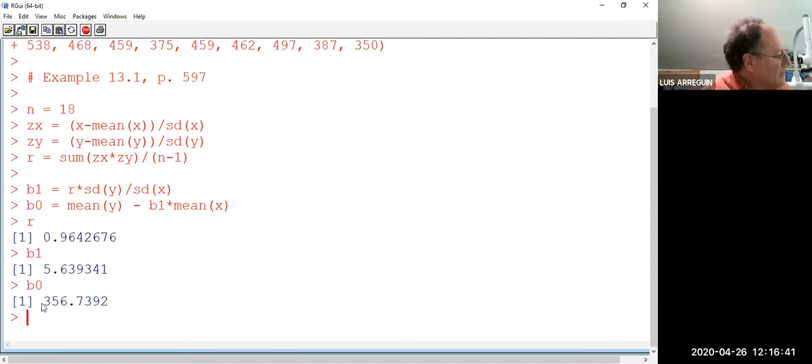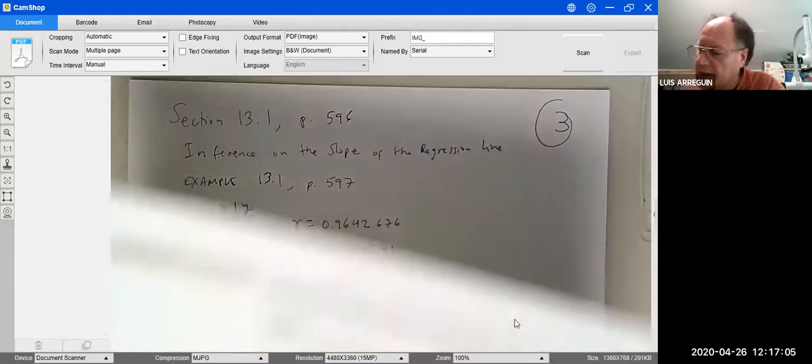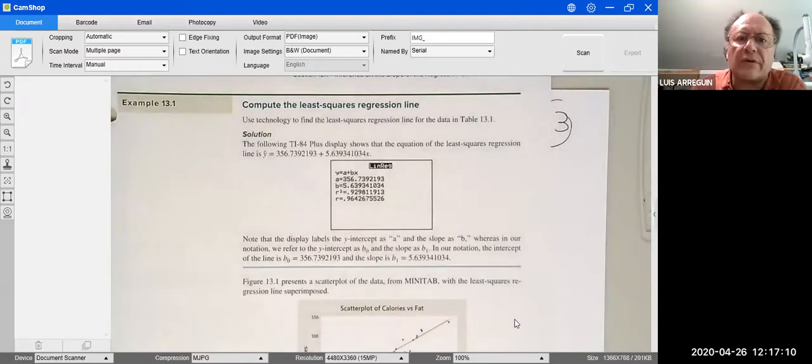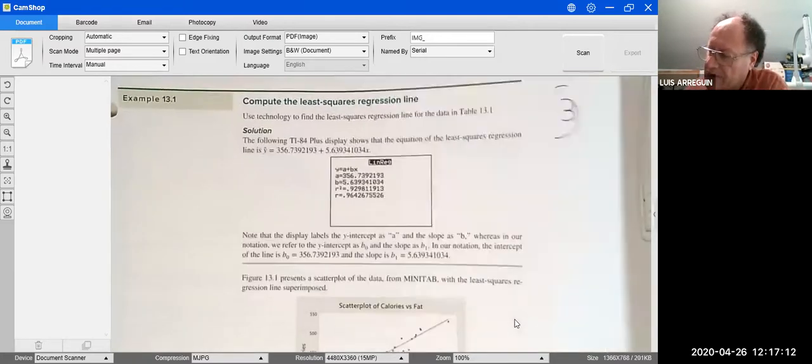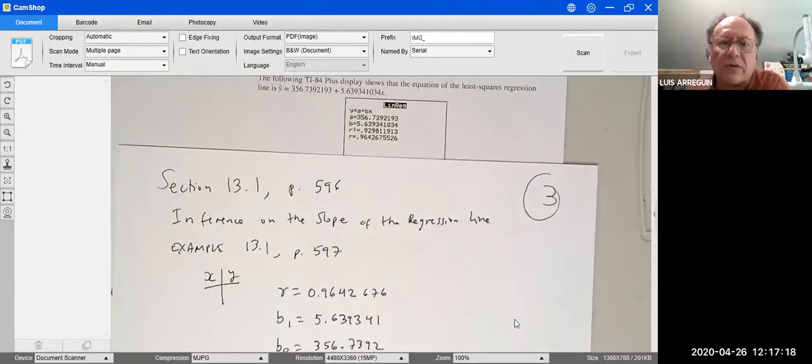So that's the results from this program. Let's compare with the values that are in our textbook. I'm just going to copy what I got from R here. In your book, they used the Texas Instrument 84 to solve this problem.